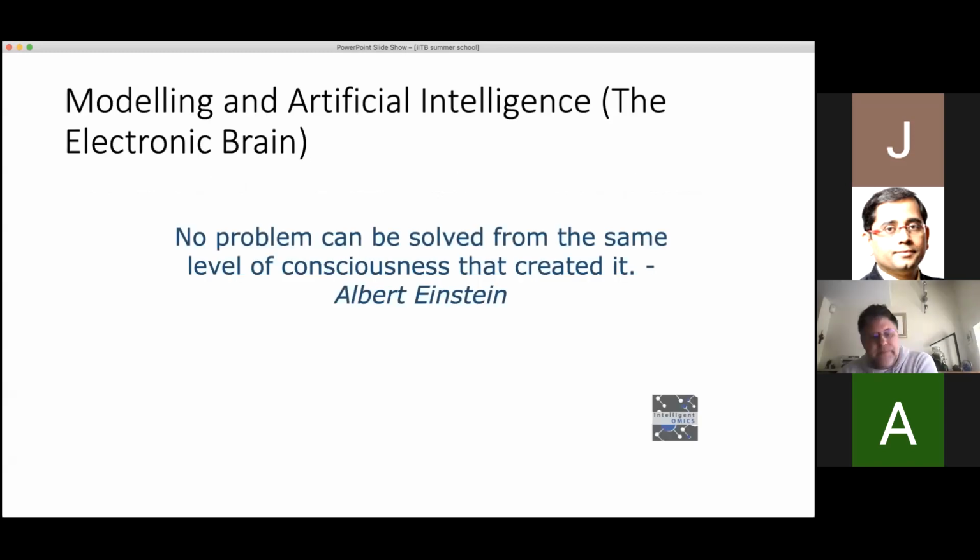So we are effectively using artificial intelligence to try and solve problems. And it was Albert Einstein who said that no problem can be solved from the same level of consciousness that created it. And in a way, we are kind of using a new consciousness here, an artificial consciousness or semi-consciousness, to try and understand and identify patterns in things.